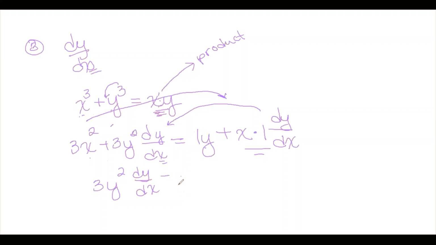So that's going to be minus 1 dy/dx is equal to, I'm going to move this over to this side. So that's going to be y minus, because I left this here, minus 3x squared. And then you got to go to the next step.